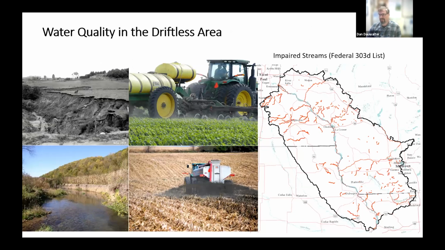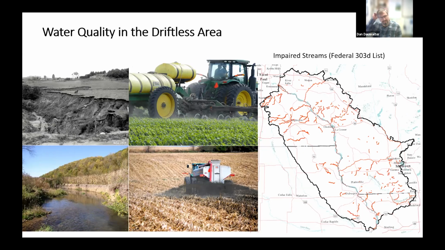We know there's been historical impacts from past land uses, a lot of upland erosion, gullying, vertical accretion of floodplains with sediment deposition, which is stream bank erosion, but also it's an agricultural landscape, and nutrients are being applied to that landscape.